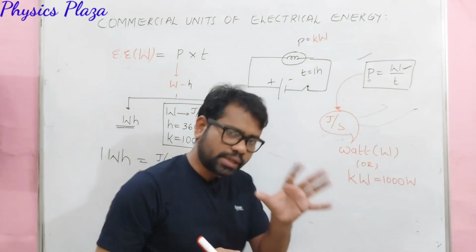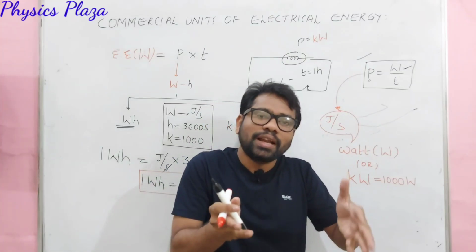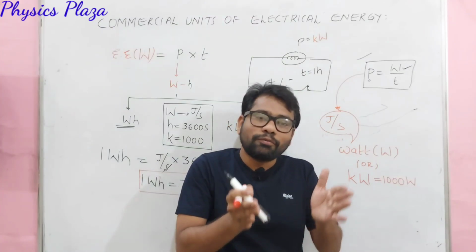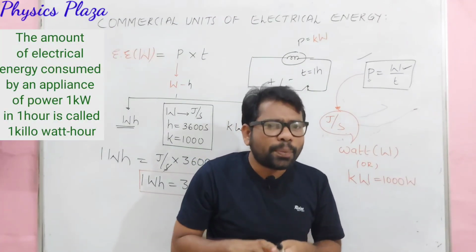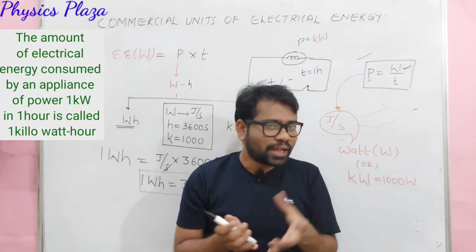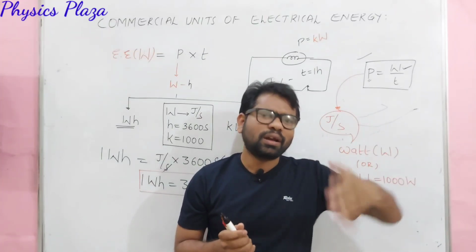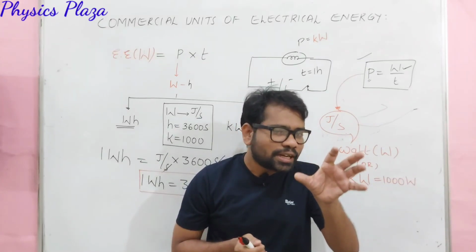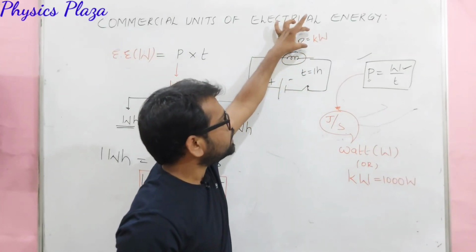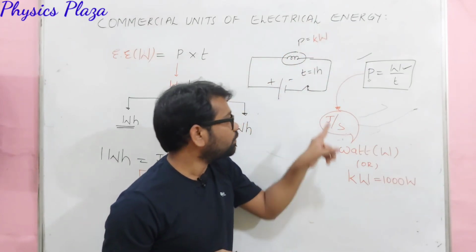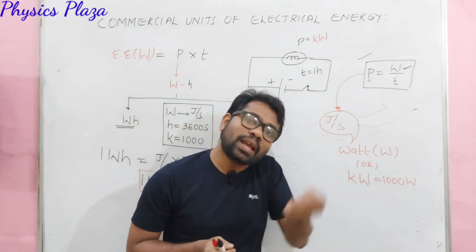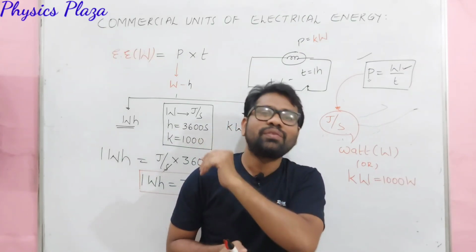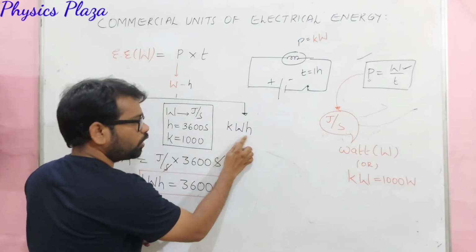When that geyser of power 1 kilowatt is operated for 1 hour, it consumes some energy, to convert into heat energy. What is the output, you leave it. So when an electric appliance of power 1 kilowatt is operated for 1 hour, it consumes some amount of electric energy. That electric energy we call a kilowatt hour.